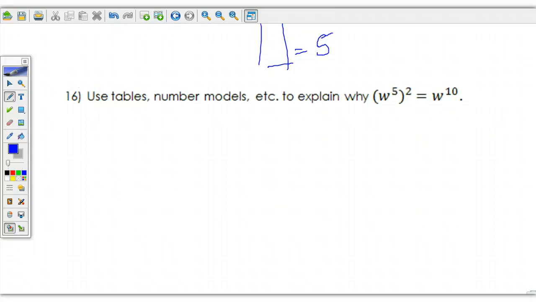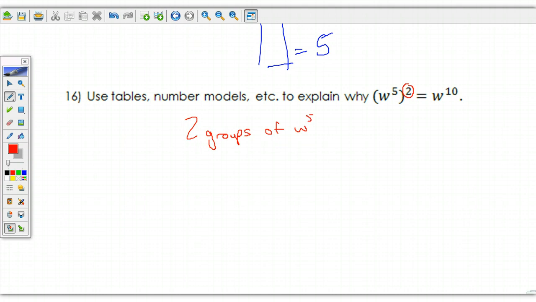And the last part here, using tables or number models, I want you to actually explain why w to the fifth squared is w to the 10th. And this one, a lot of us just said it's the multiplication rule because that's what Mr. Luttrell taught us in class, and you'd be right about that. But we did actually do table models of this, where we thought of the squared as meaning there are 2 groups of it. And we're going to multiply those 2 groups of w to the fifth together.